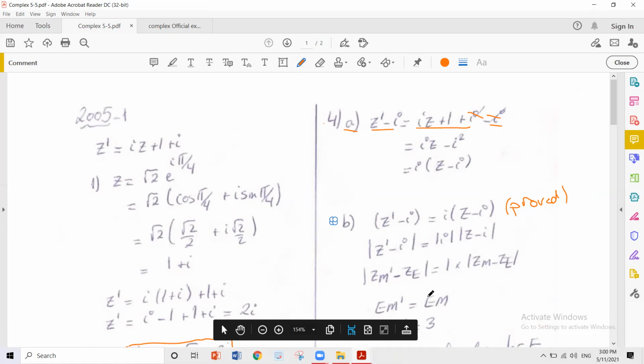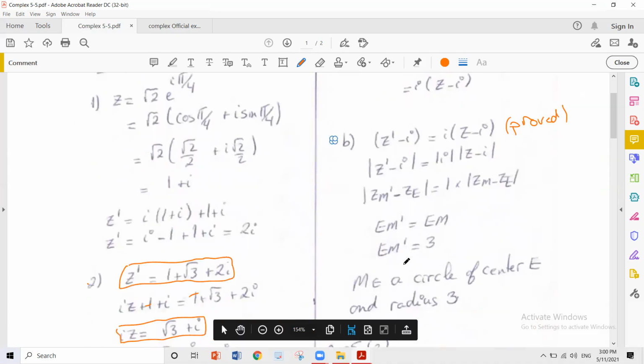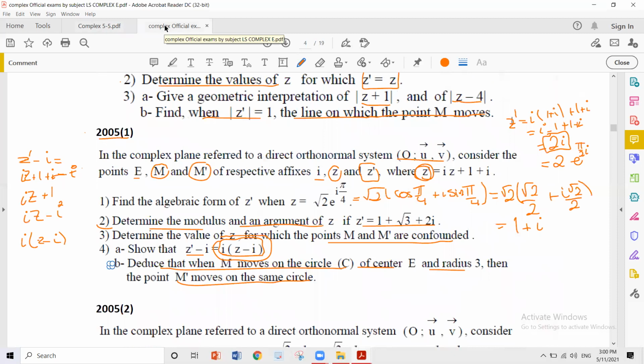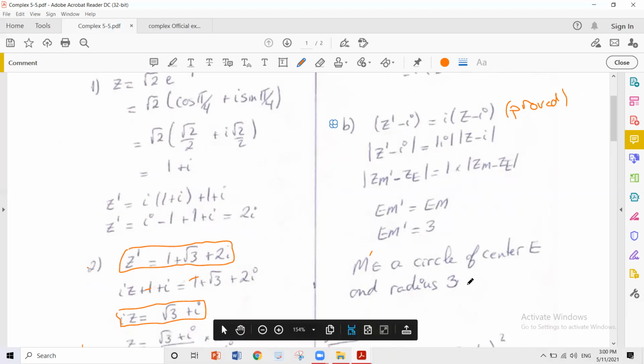So EM prime equals EM. Here zE is given for E. Since EM prime equals 3, M prime belongs to a circle of center E and radius 3. It is the same circle.